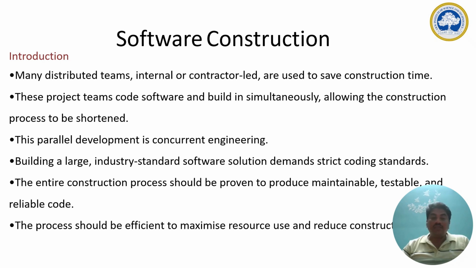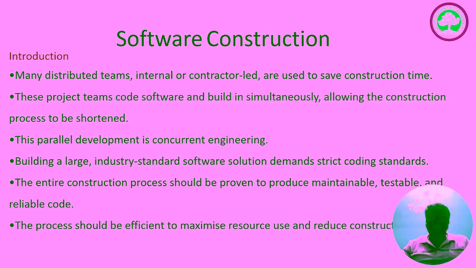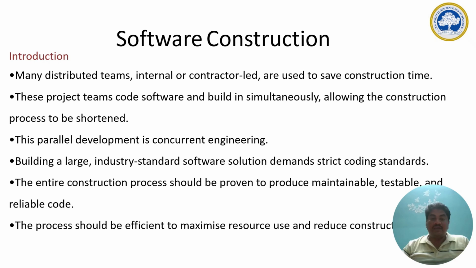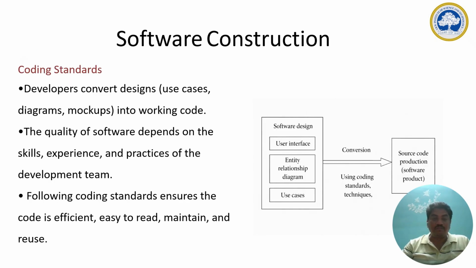Building large, industry standard software demands strict coding standards. The entire construction process should produce maintainable, testable, and reliable code. That is the final product we are supposed to give to the customer. So software construction will follow some coding standards. These standards will be helpful to any later users or upcoming strategies.